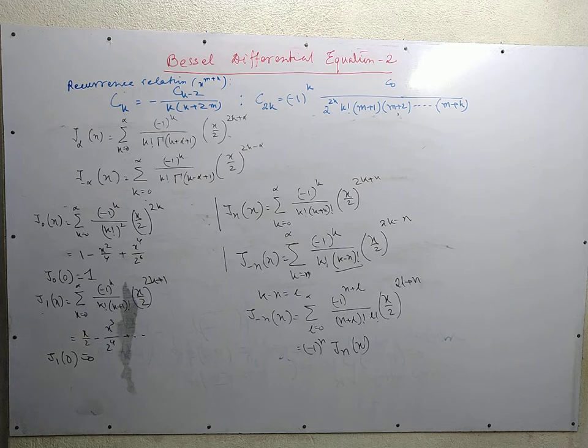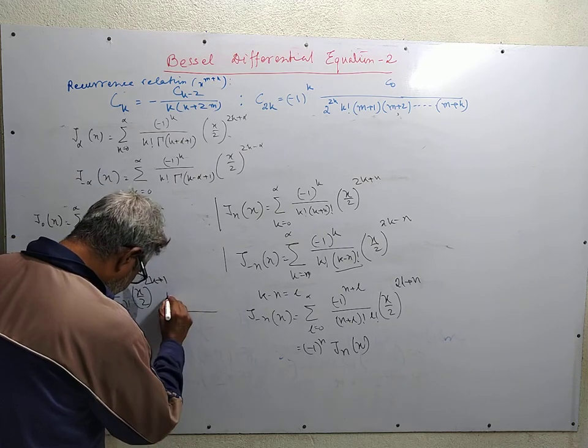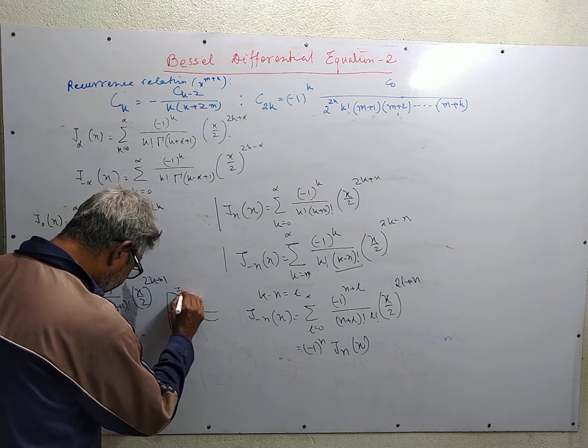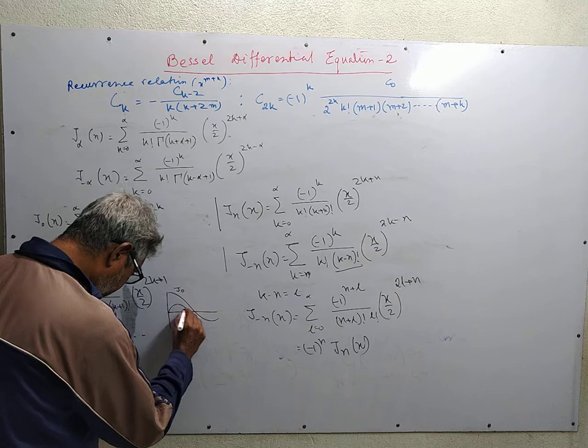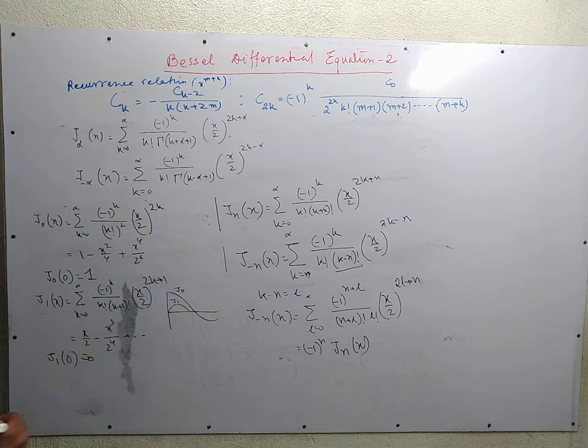It is instructive to show the graph of the Bessel function. J0 starts from here, 1, and this is J1, J2, they start from like this.